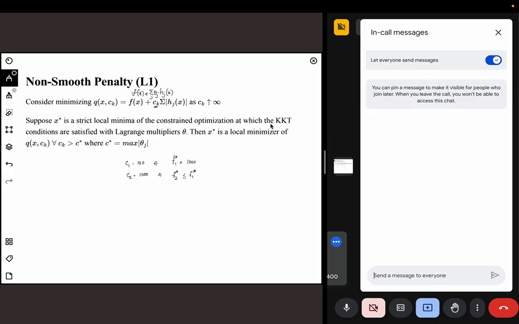As you keep increasing the penalty, this is q1 star and this is q2 star, the chances that this particular thing will go to 0 will increase, and then f will also be more accurate, closer to the actual solution.